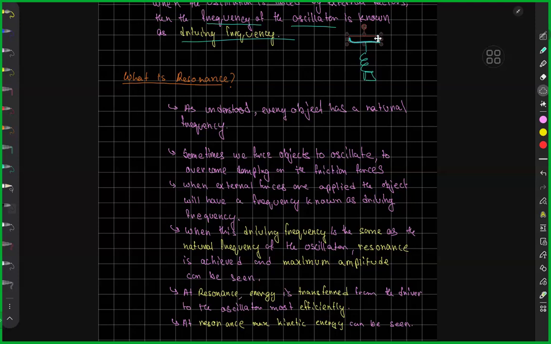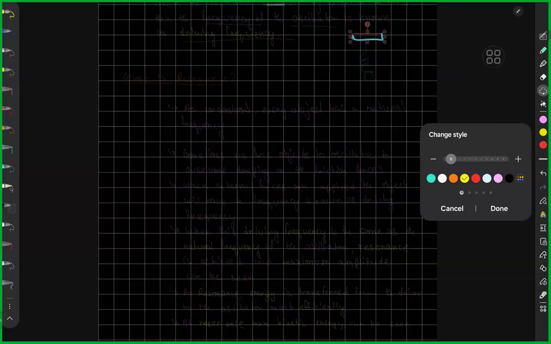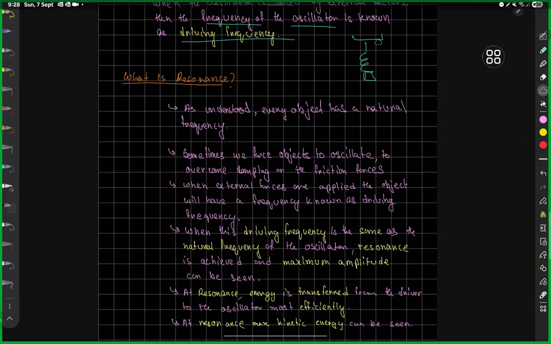But if you externally move the point over here and make it oscillate, then that is the driving frequency. So if I'm moving the fixed point, the gear over there, at 5 hertz, the mass will oscillate at 5 hertz. If I move the fixed point at, let's say, 10 hertz, the mass will oscillate at 10 hertz.